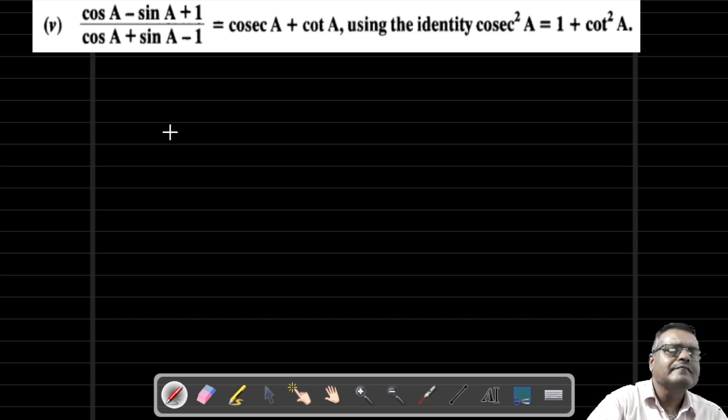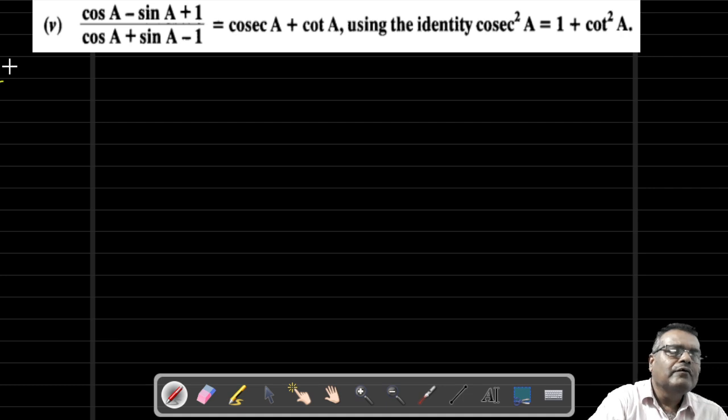Next, fifth question. Cos A minus sin A plus 1. You have to use cosec square A equal to 1 plus cot square A. So, cosec square A minus cot square A is 1. This identity we can use.